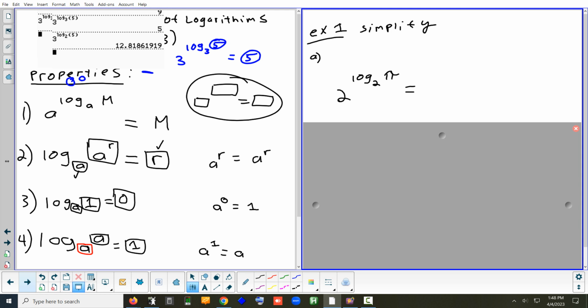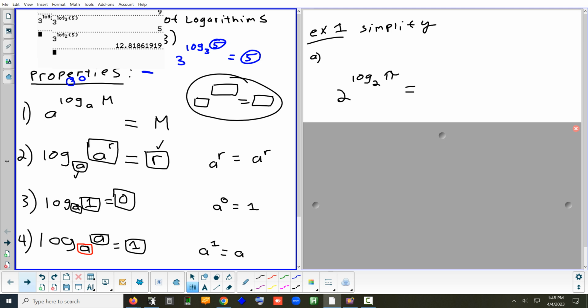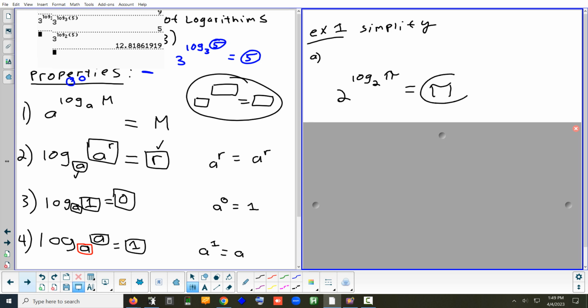The only thing we've done is we've made a equal to what number? 2. And we've made m equal to pi. So according to property 1, what would all that simplify to? Pi. And the only reason that works is because these 2's are the same. That's how you can do it so quick. So there's our first one.